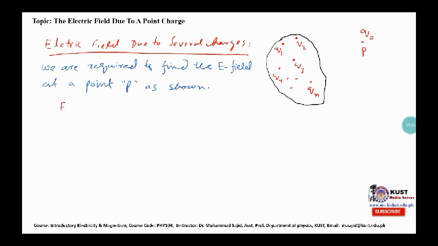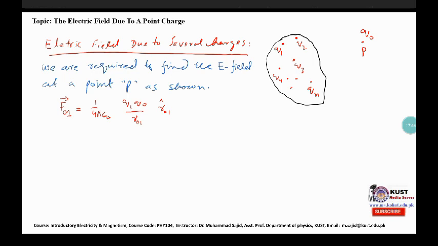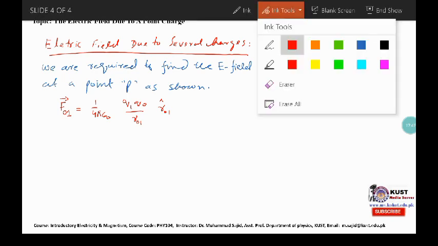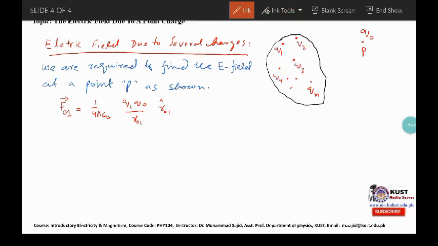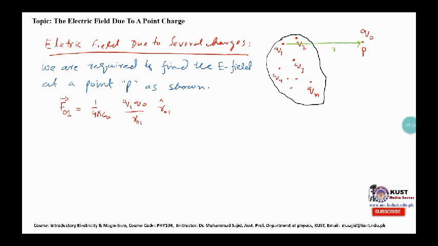We can write the force between the test charge Q0 and the source charge 1. So we can write that this is 1/4 pi epsilon naught Q1 Q0 over r01 squared. r01 means, if you want to show this distance, let's say this is r01. From Q2 it will be r02, and so on.